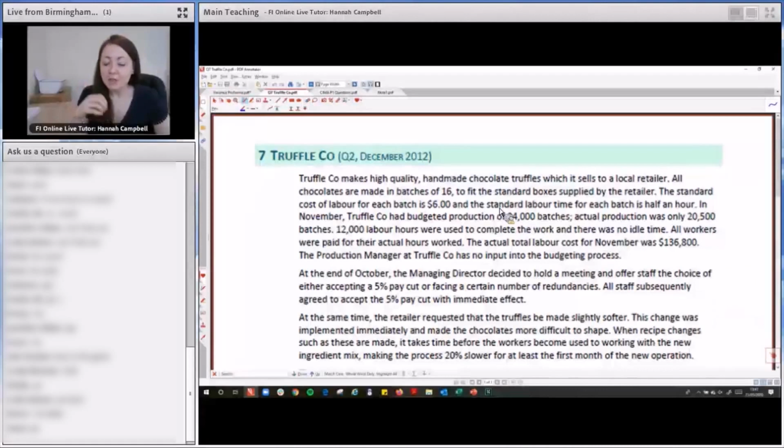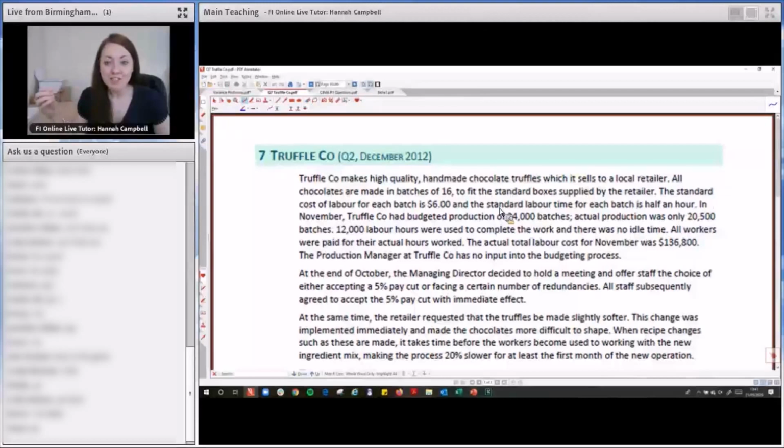Now, obviously, we're going to be doing these exams on the computer, and in the remote exam world, it's not always possible to jot things down, so you're going to have to get used to perhaps typing things up on a scratch pad, a piece of scrap paper on your computer screen where you can type out your workings.